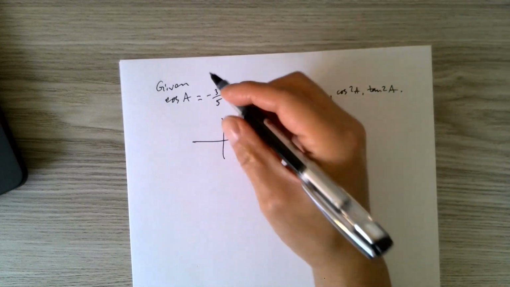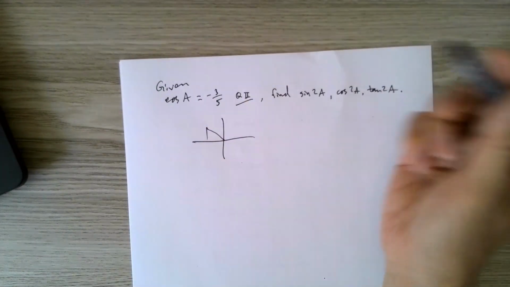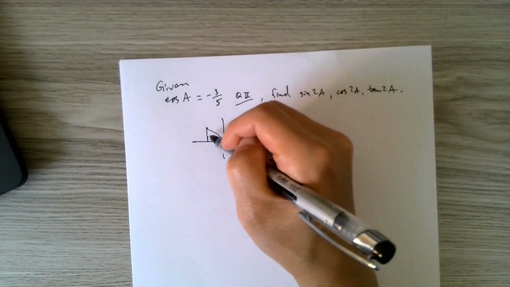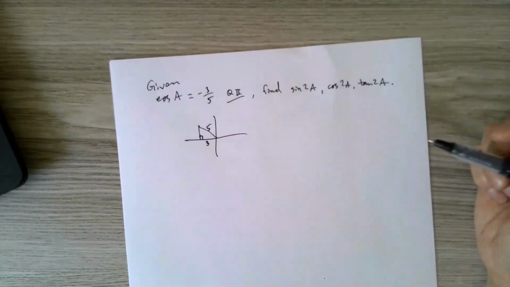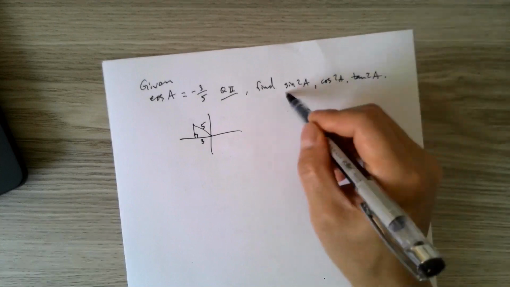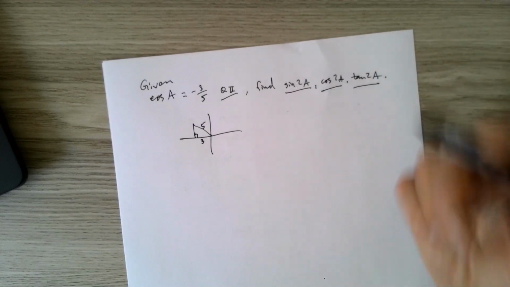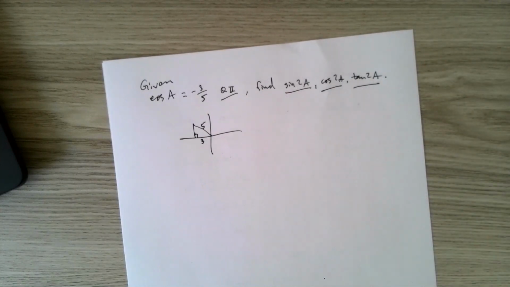So we know the angle is here, right? Cosine is adjacent over hypotenuse, so this is our situation. So I'm asked to find all three of these values: sine of 2a, cosine 2a, and tan of 2a.